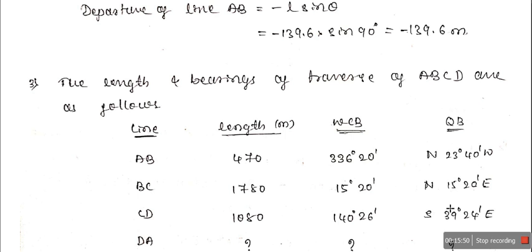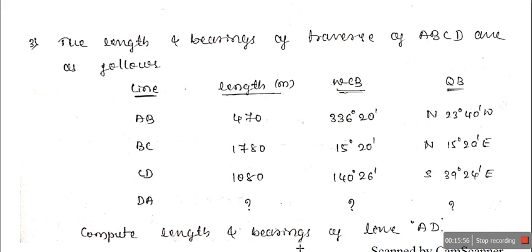And the last problem I am solving is the third case, that is the missing length and bearing of the same line. Here the lengths and bearings of a traverse ABCD are as follows.